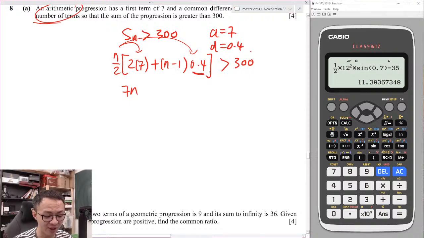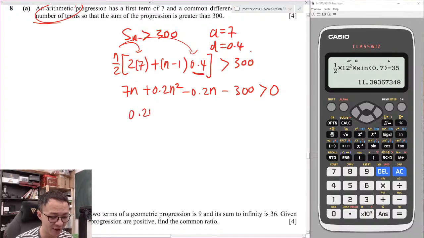This one multiply 0.4n will be plus 0.2n squared. This one multiply negative 0.4 becomes negative 0.2n as well. And then minus 300 bigger than 0. So I need to rearrange something: plus 6.8n minus 300 bigger than 0.